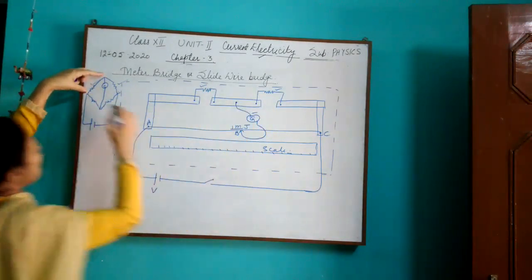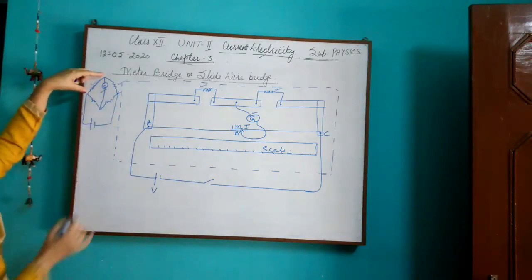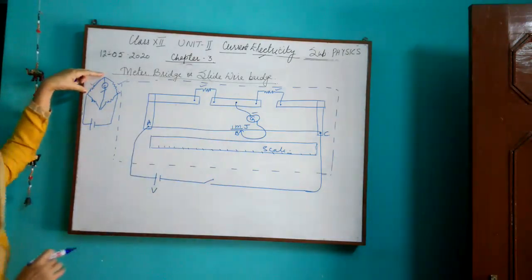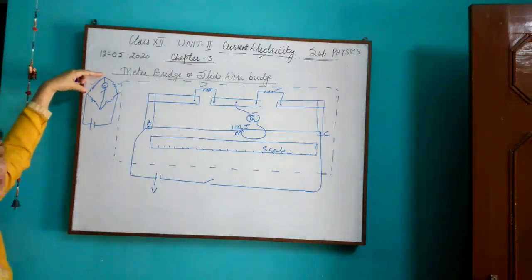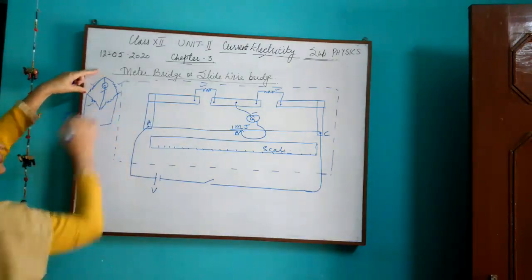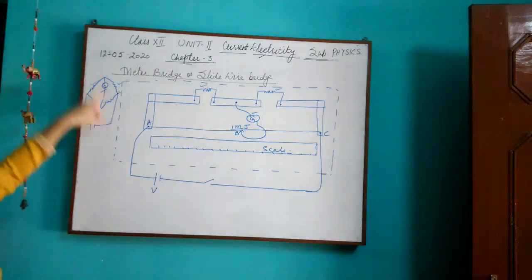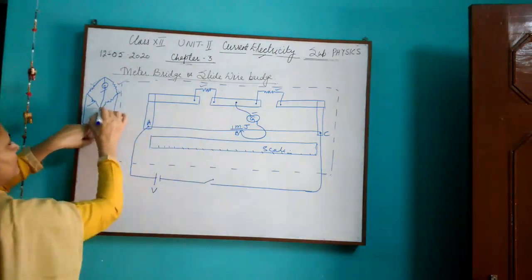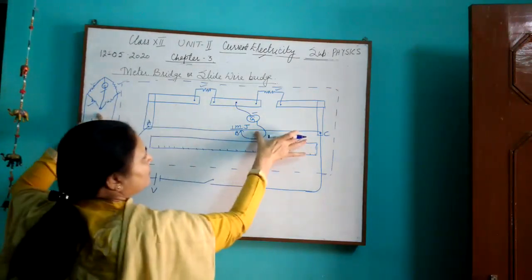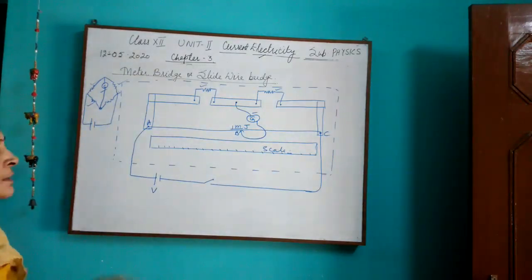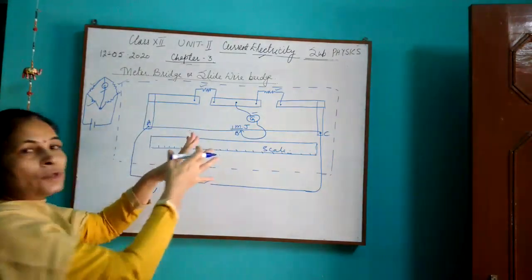This galvanometer arm is this one. This wire, certainly, will have certain resistance. So this length of wire will be treated as this resistance. And the remaining wire, now see this is the center point here, is going to be treated as the fourth resistance. So this is a kind of Wheatstone bridge.